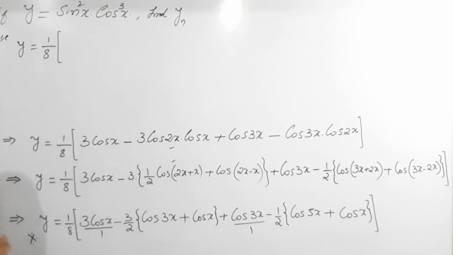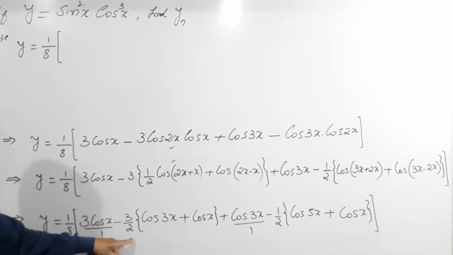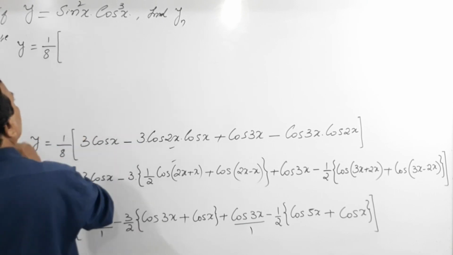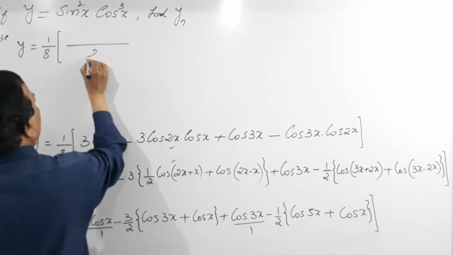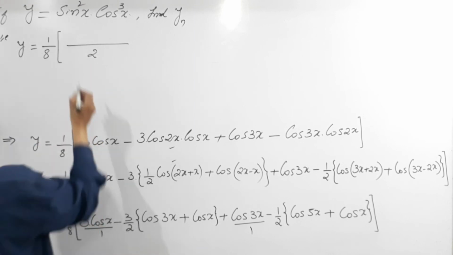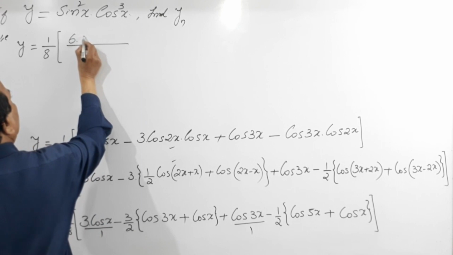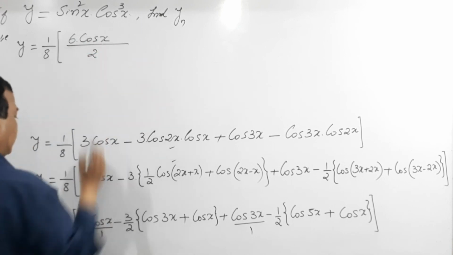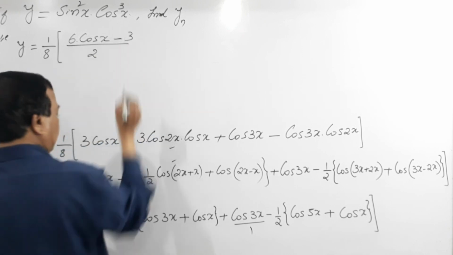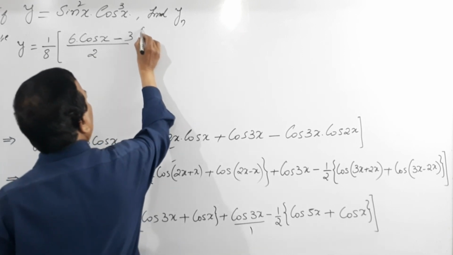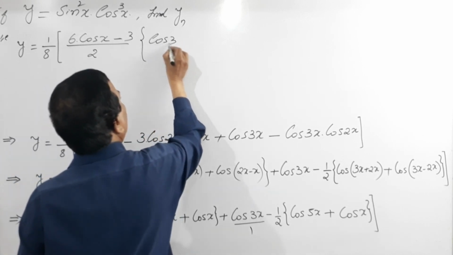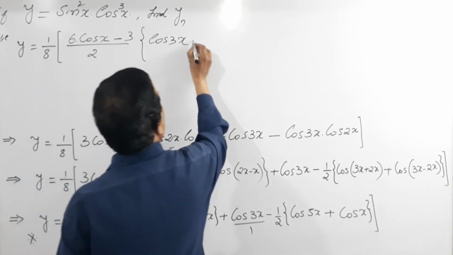So LCM is 2. 1 goes 2 times, 2 into 3 cos x becomes 6 cos x minus 3 into cos 3x plus cos x.